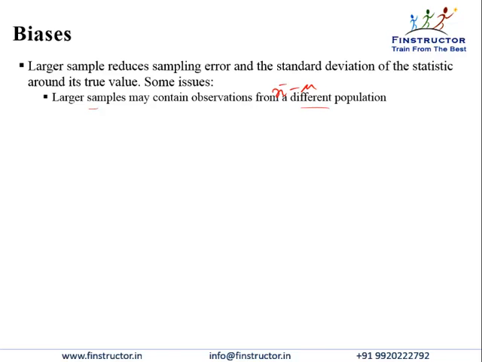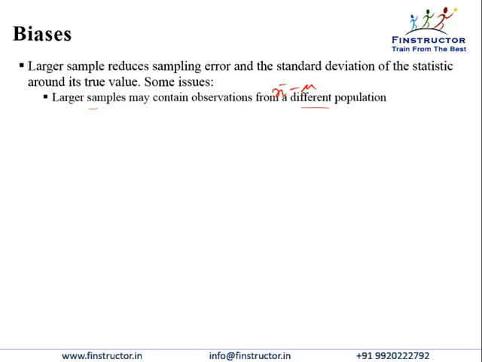So I wanted a sample of CFA and FRM candidates. In my enthusiasm for collecting a large sample, I have even included people who are thinking about taking CFA, who are not yet candidates, who haven't yet enrolled, who are thinking about enrolling or who are in two minds.